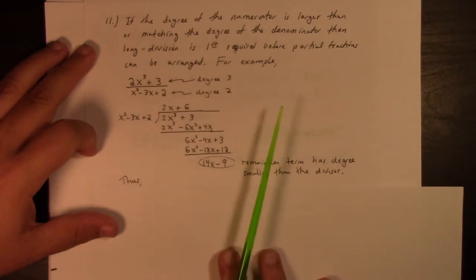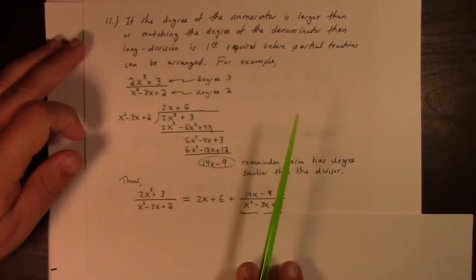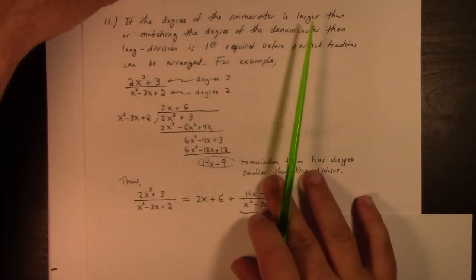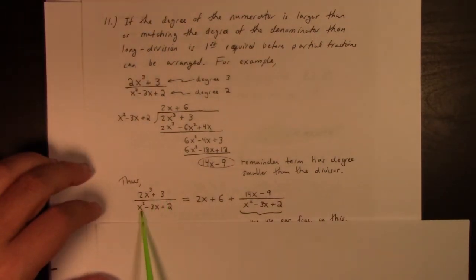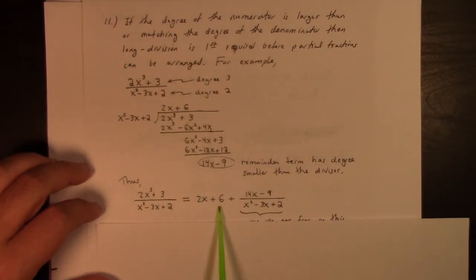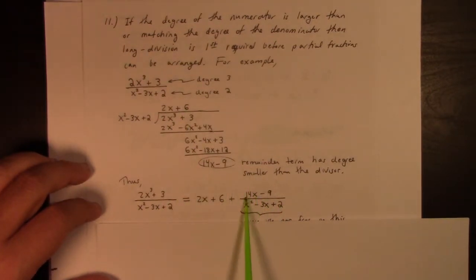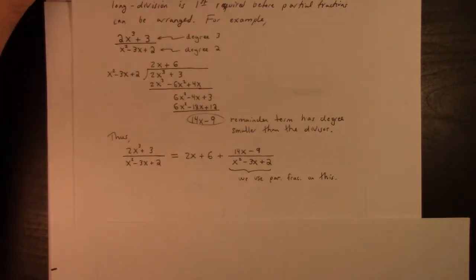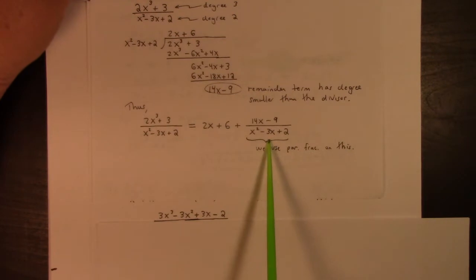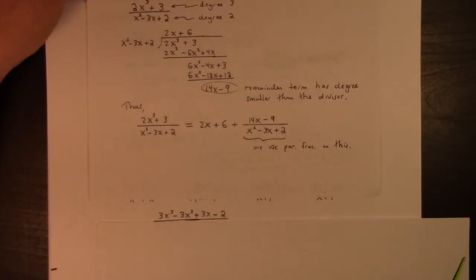Thus, this long division shows us that 2x cubed plus 3 over x squared minus 3x plus 2 is equal to 2x plus 6 plus the remainder, 14x minus 9 over x squared minus 3x plus 2. And we can use partial fractions on this to integrate, right?